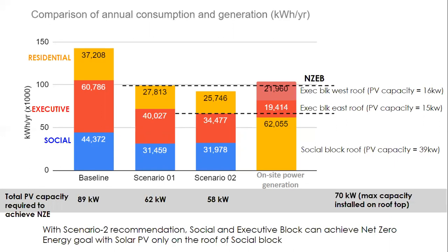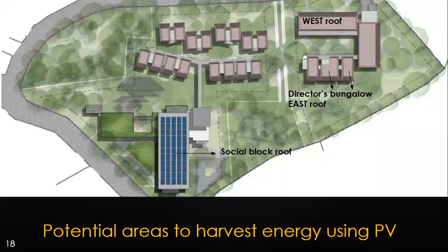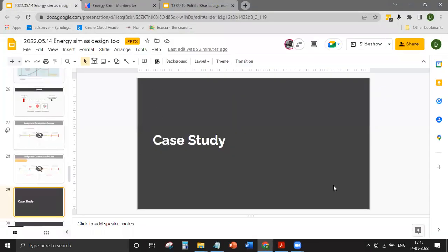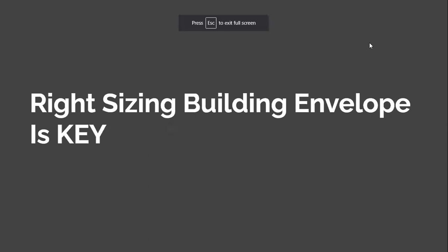Now, all of these recommendations are just based on the envelope, right? And that's what we want to bring to you, that finally, right sizing envelope is really important. It is key. It's not always right sizing equipment, which is also important, but right sizing building envelope requires a certain process and a certain rigor.